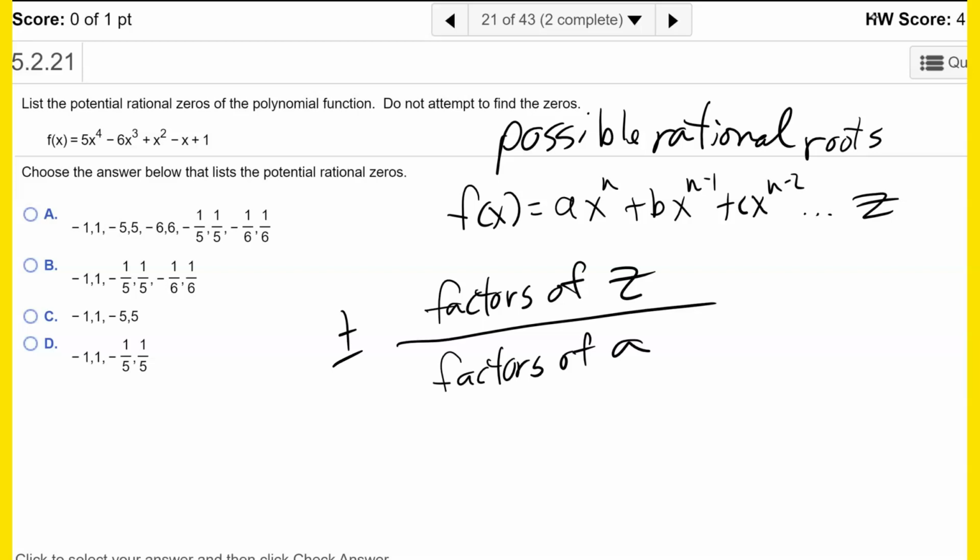All possible rational roots of any polynomial will always be within the set of the factors of z divided by the factors of a. In other words, the factors of the constant divided by the factors of the leading coefficient. Let me show you how that works for this particular problem. I'm going to have to erase this to give myself room to maneuver here.